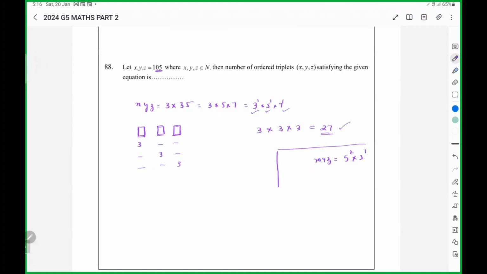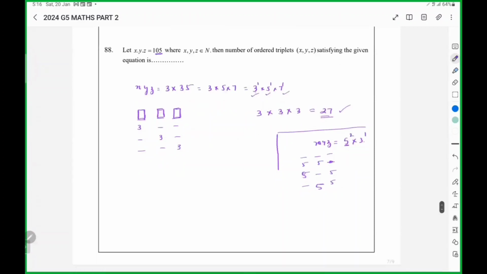Here you have two 5s. Two 5s in one place and the others empty. Other possibilities, two 5s here, two 5s here. Totally, you have 6 solutions.